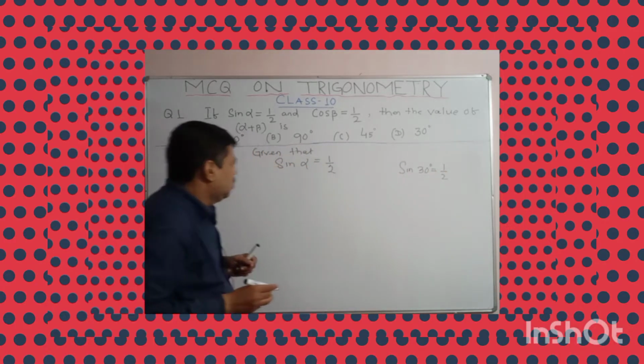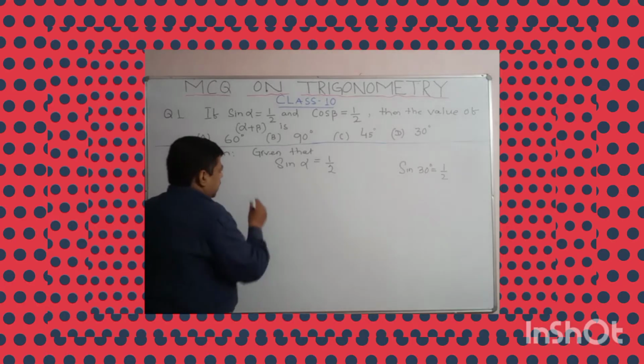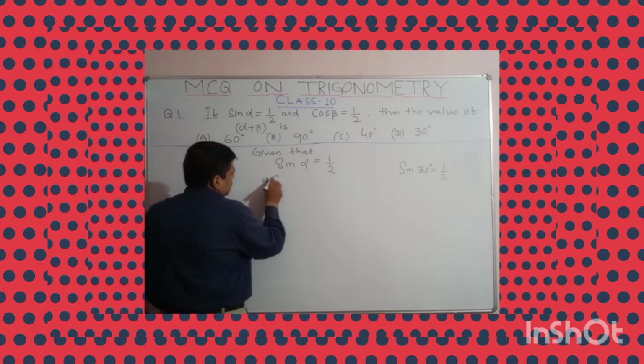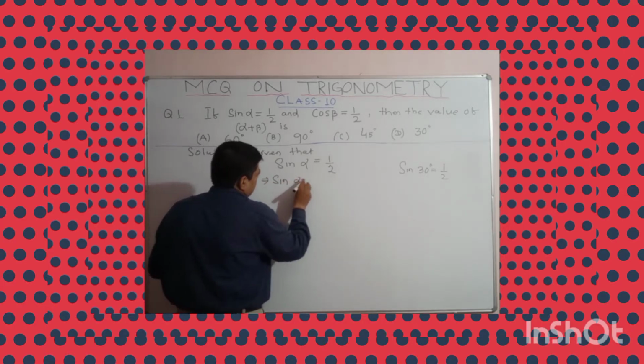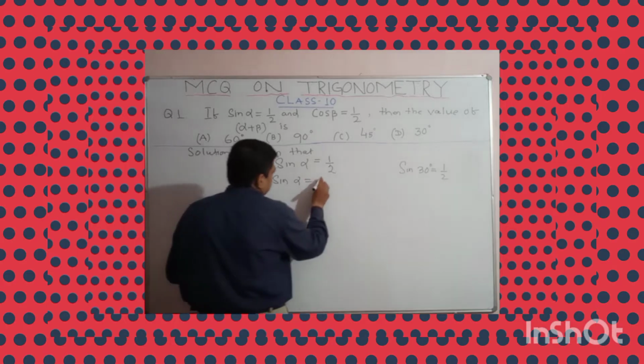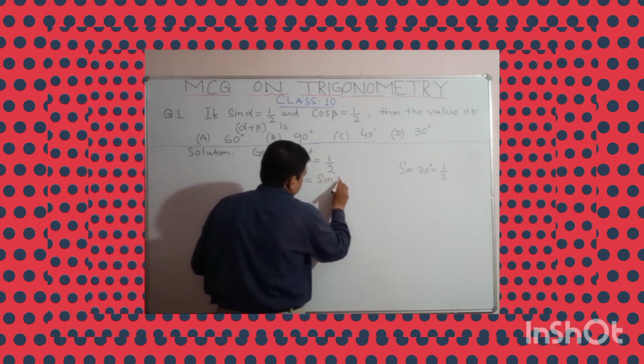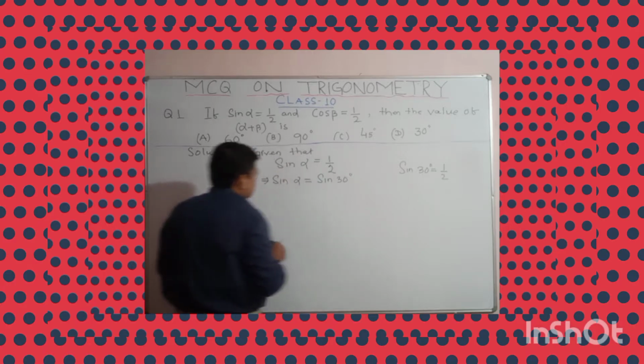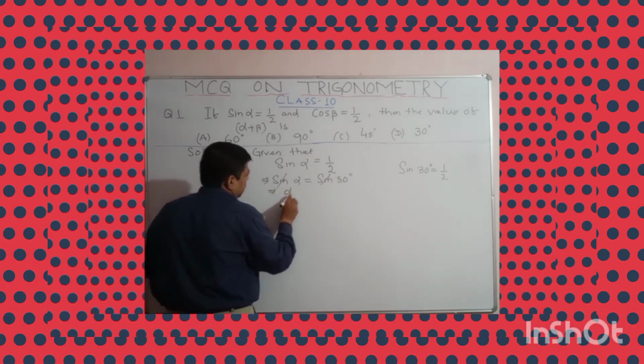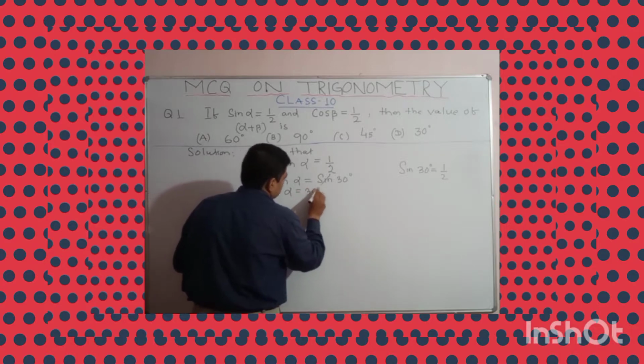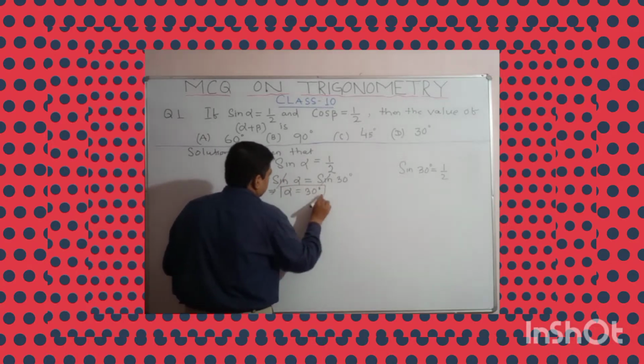Yes or no? So in place of 1 upon 2, can I write sine 30 degree? After that, sine can be cancelled. So here the value of alpha is equal to 30 degree.